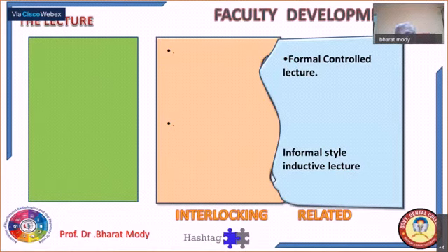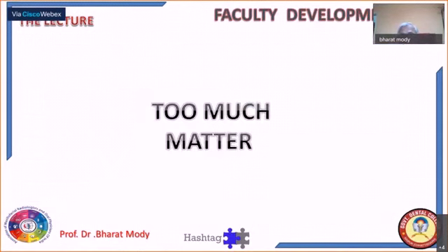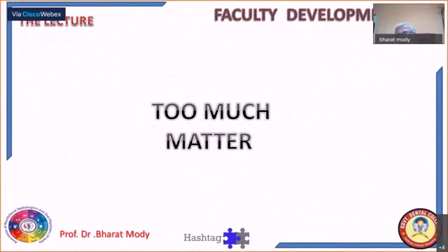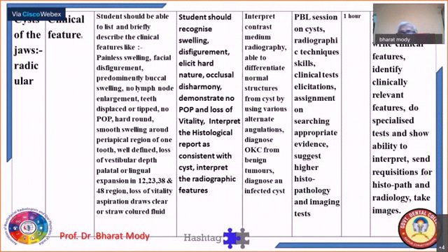What I have shown is a very simple thing which can be done, but you can do a complex thing like the hashtag model also. Suppose there is too much matter, like something like this, and it is important for you to consider this important matter in that one particular slide also.